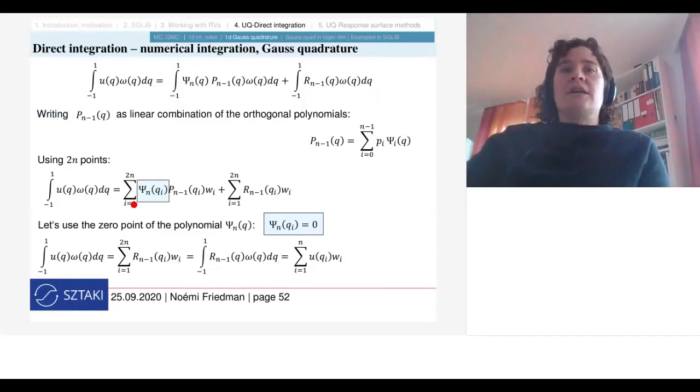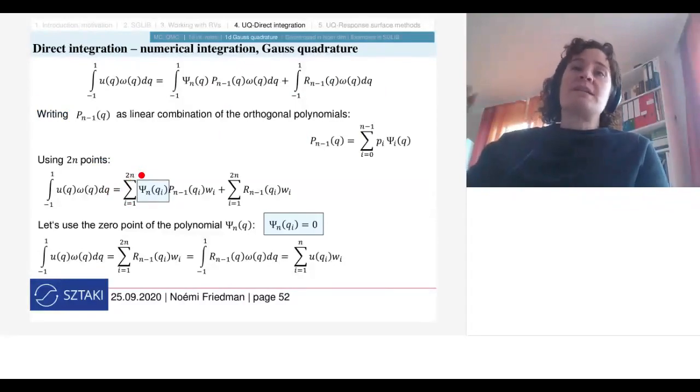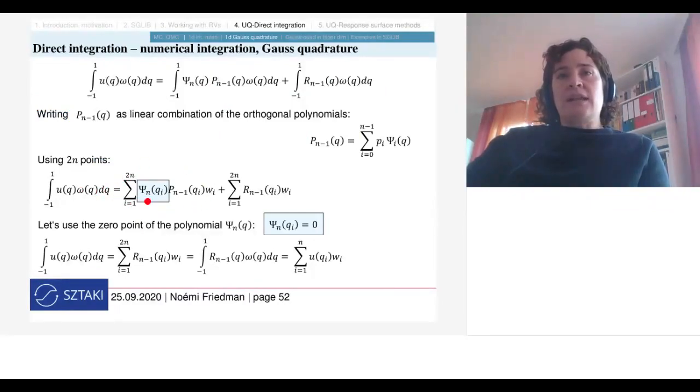And then I will need 2n points in general if I don't specify how to choose the points. And then my integration rule is written like that. I can integrate the two terms separately.